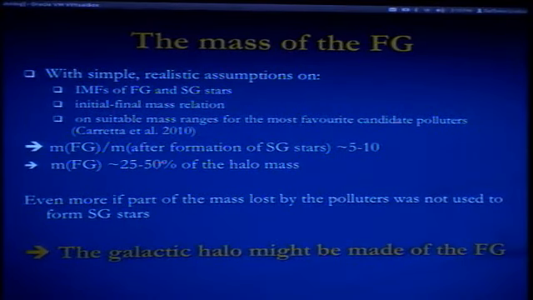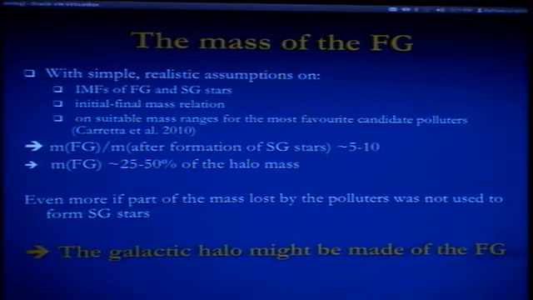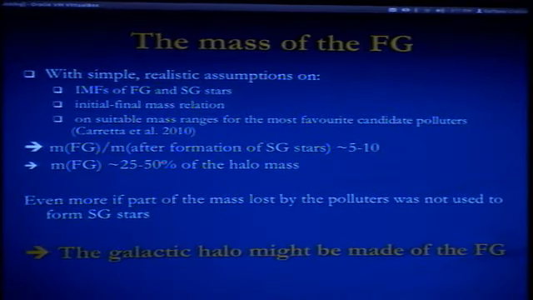Okay? So it can be larger because part of the mass lost by the polluters was likely not used to form the second generation. The efficiency of 100% is very unlikely. Much more likely is that mass was lost, and only part of this ended up in the formation of the second generation.